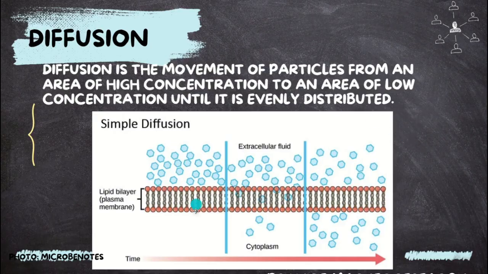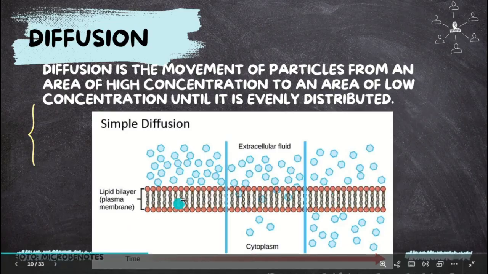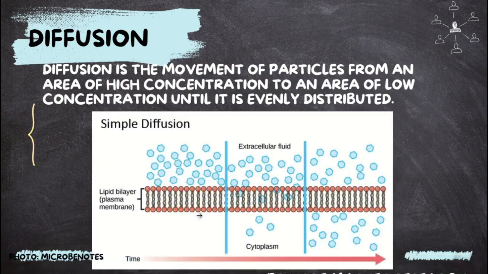So in order to come across the membrane, what's going to happen? We're going to need the help of protein channels and carrier proteins. We're going to need both of those in order to get across the cell membrane. So that's what we would use in the case of facilitated diffusion.